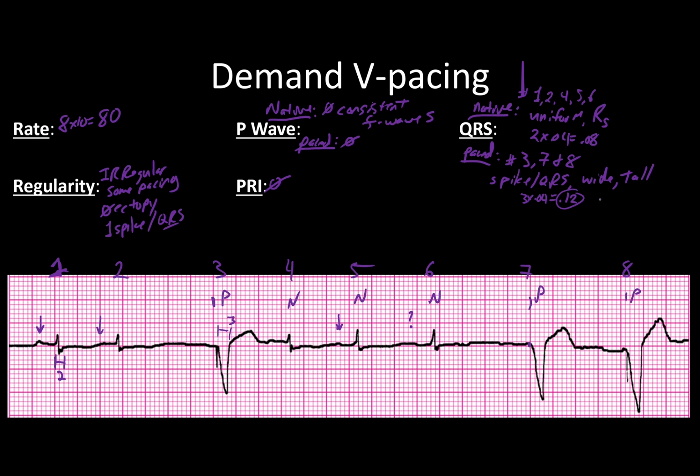And that's not too bad. But again, given how drastically different it looks and the fact there's pacer spikes associated, that's enough for sure to say that that's V-paced. So if we put the whole picture together, we can say that this is likely AFib with demand V pacing. The other question you want to ask is, well, when does it kick in?